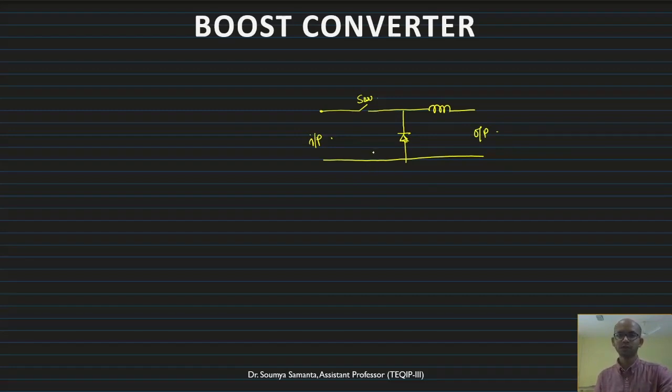This circuit was for the buck converter or step down converter, where the switch is turned on and off to control the output voltage.